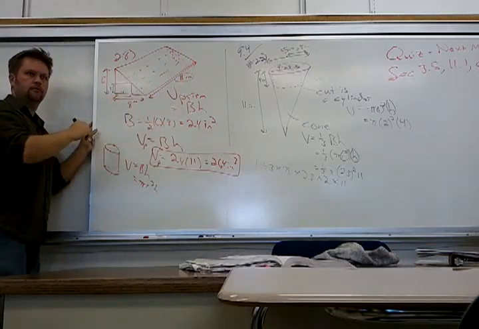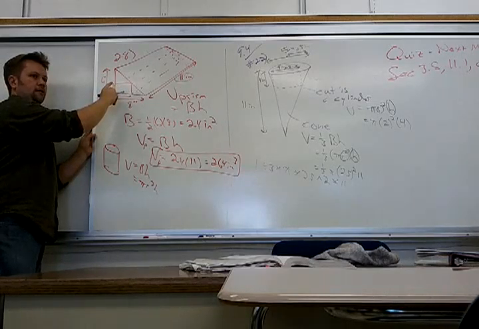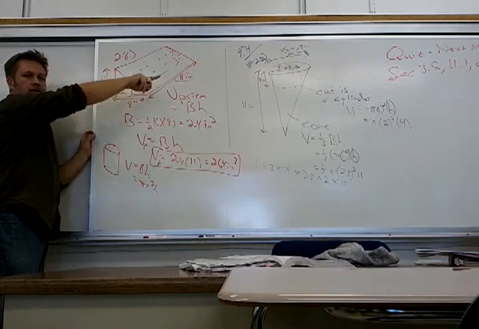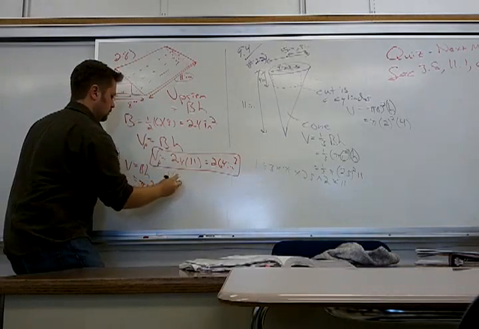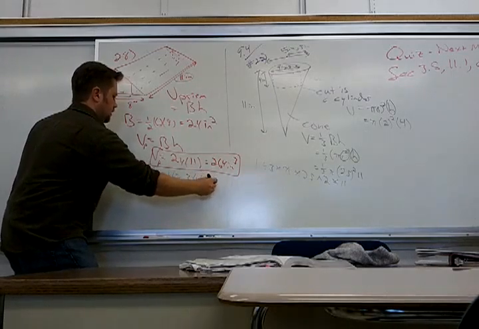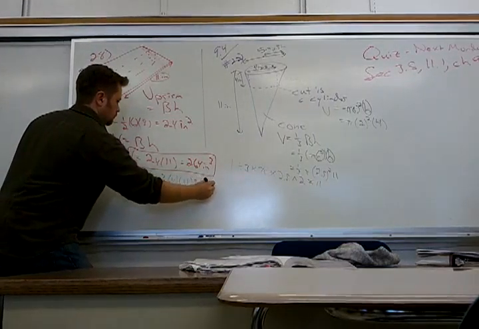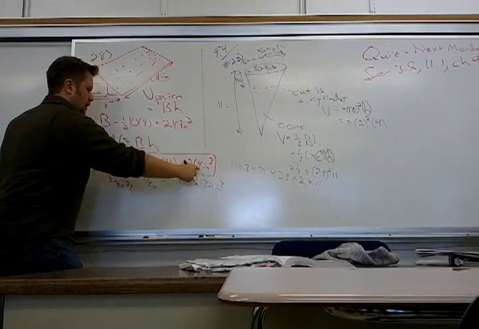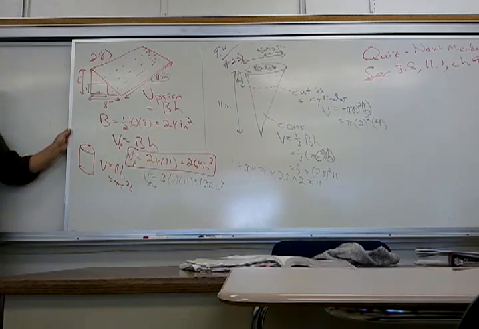The volume of that would just be 3 times 4 times 11, length times width times height. You gotta love that equation. So the volume of the cut is 132 inches cubed. And of course, that's half of the original, so when you subtract it, you get the leftover 132.